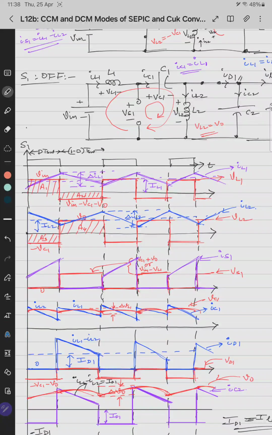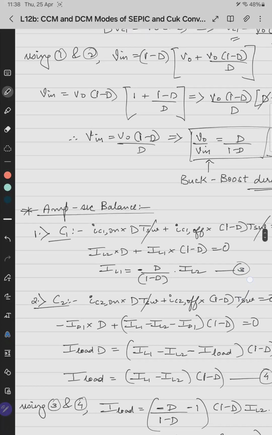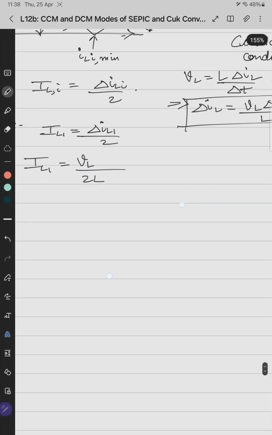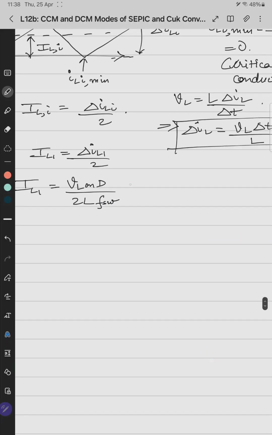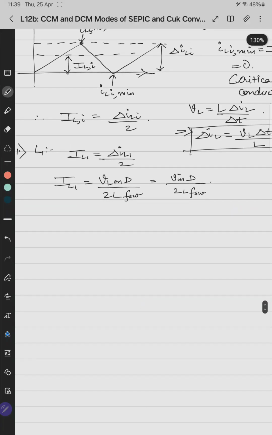We'll write during on time. So during on time, what is VL on? That is V in. So instead of VL, we'll write VL on, and into delta T we'll write T on, that is D into T switching or D by F switching. And VL on is V in. So it is V in D by 2 L F switching. That is IL1.